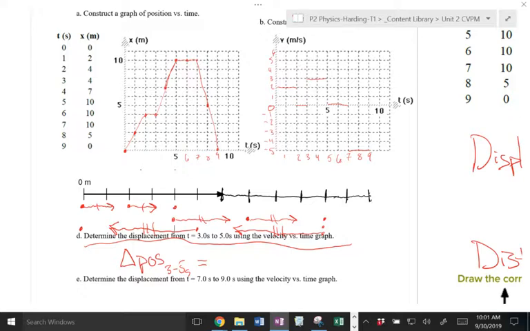Okay, I'm struggling. I don't know how to do the class. What are those lines? You have to break it up by lines, like this line, this line, this line. But how do you know where it is? Oh, it's the slope. So this one's slope is 2.